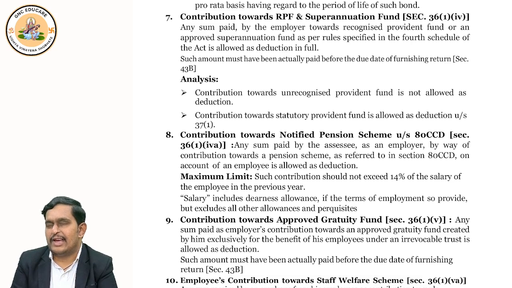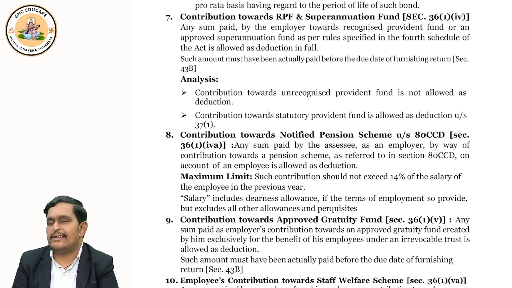But here we are talking about the employer's share of contribution, right? Because in this type of funds, employer also contributes, employee also contributes, correct? So here we are talking about the employer's contribution to recognized provident fund. That is allowed as deduction. To superannuation fund, that is also allowed as deduction.